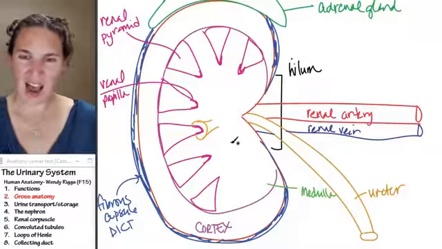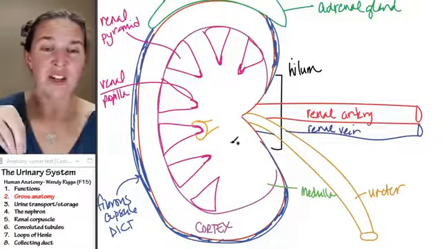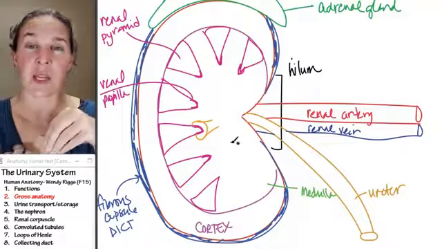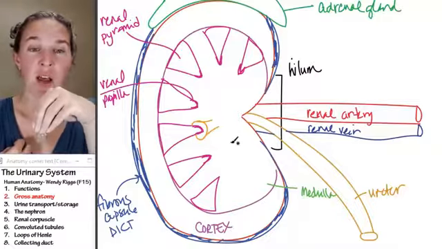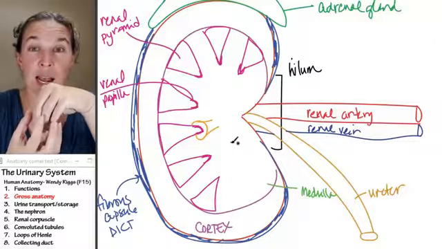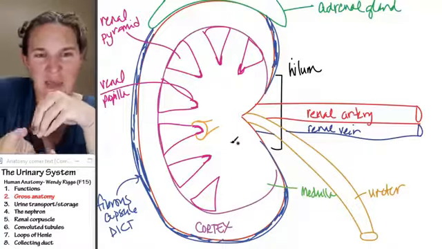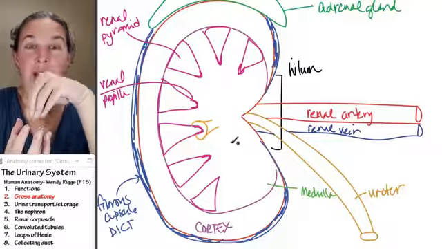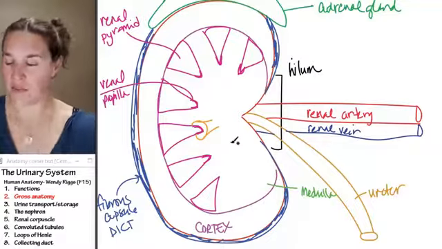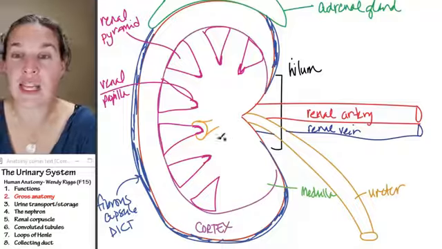Oh my gosh, I feel like I really need a funnel, just like in the lectures where I really needed spaghetti noodles to demonstrate something for you. The funnel sits right next to this, and there's a space in the funnel, and the renal papilla drips pee into the funnel. The funnel is called a minor calyx.